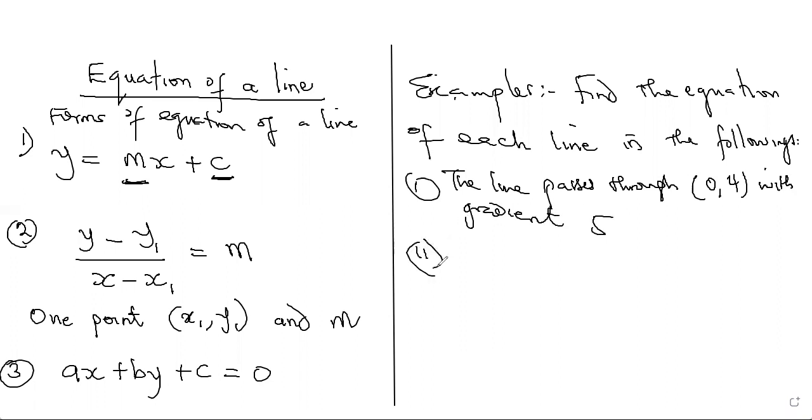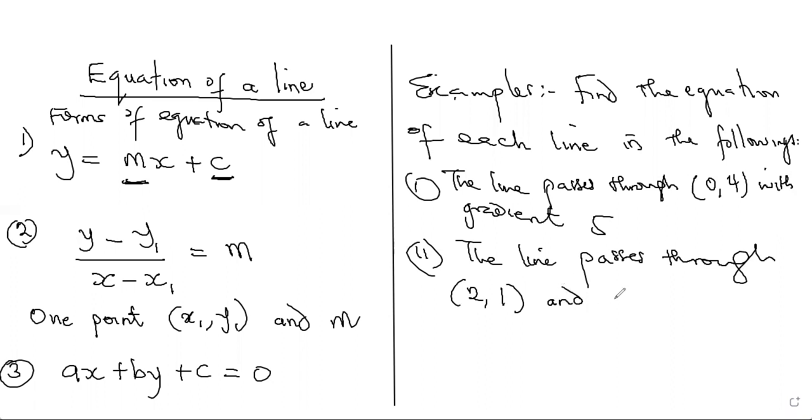Then another scenario is that the line passes through 2, 1 and -1, 3.